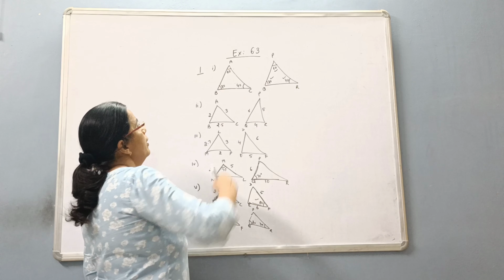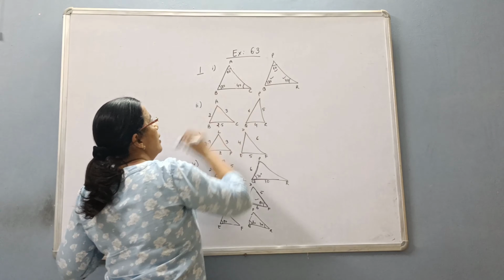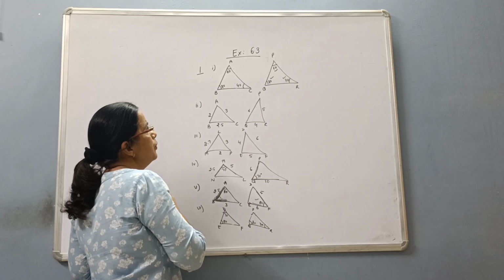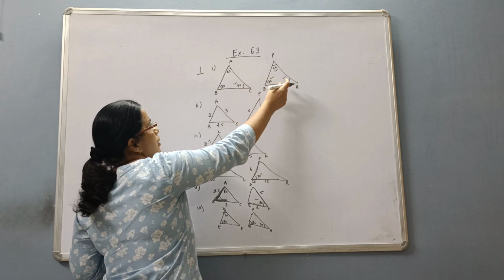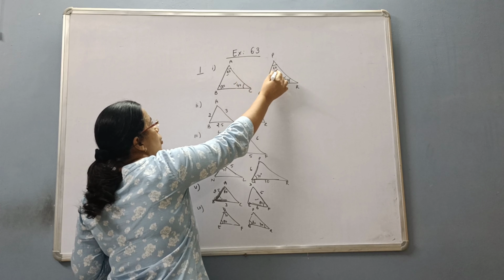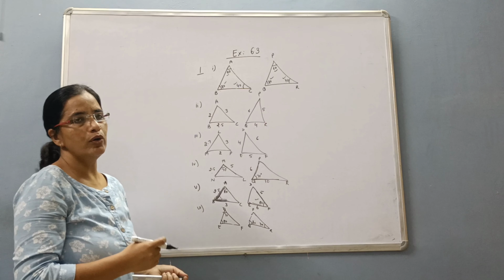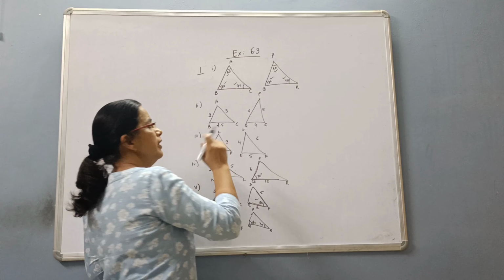See, in figure number 1, angle A is equal to angle P, both are of 60 degree. Angle B is equal to angle Q and angle C is equal to angle R. It means all the three angles of triangle ABC are equal to the three angles of triangle PQR.